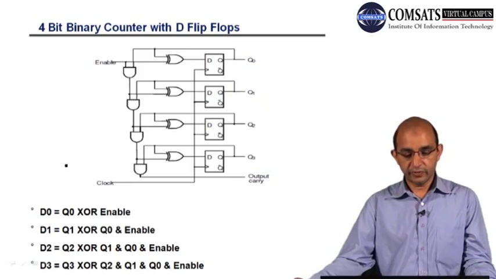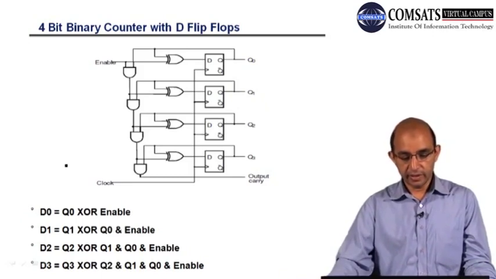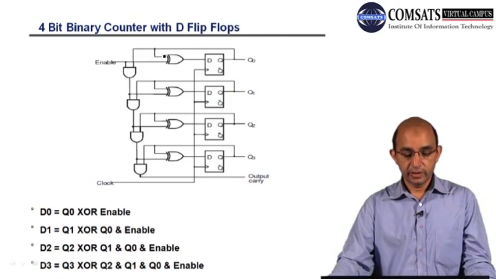Here you can see that we have a counter, but we have used D flip-flops, and you can also see the XOR gates. In order to start the counting, we have to enable, so this has to be 1, and this is the clock. So we have the global, single clock for all the flip-flops.